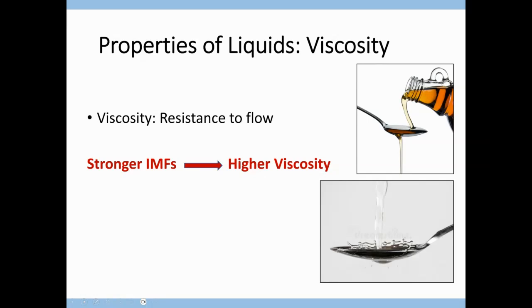If you think about pouring syrup, it pours out kind of slowly. You can see the syrup moving slowly towards the opening of the container, and it would fill that spoon slower than water would. So the molecules in syrup have stronger intermolecular forces than water, so it has a higher viscosity.